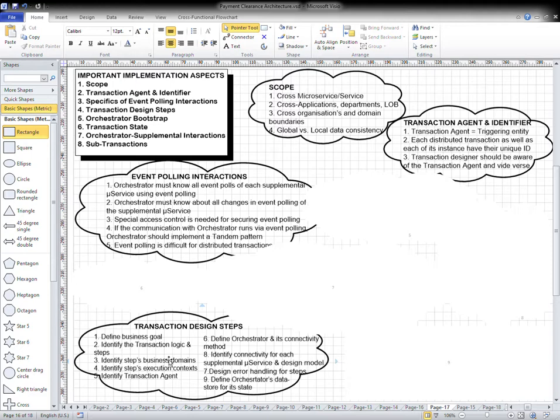Designing error handling is a must-have for each step, and in many cases the rainy day is more important to go through than the sunny day. Defining the orchestrator's data storage for each state is very important because the orchestrator is a stateful service.